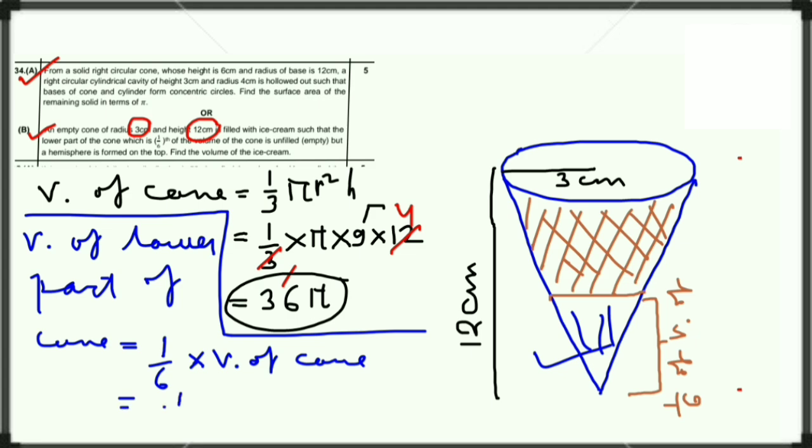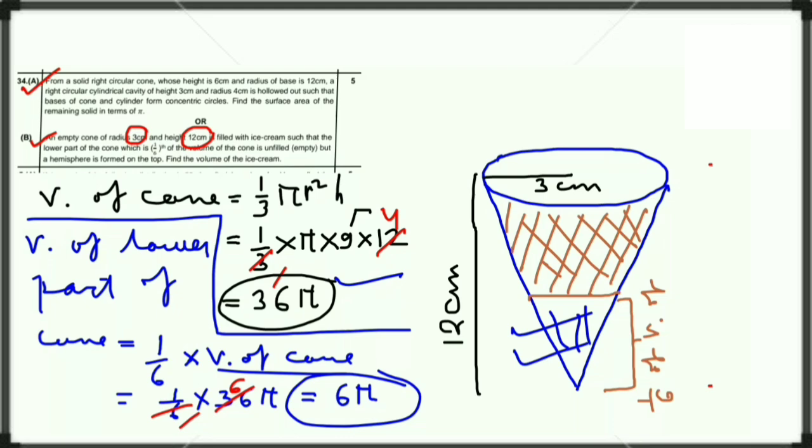So 1 by 6 into the volume of the cone we have already obtained, 36 pi. 6 ones are 6, 6 sixes are 36, and finally we have obtained the volume of this lower empty part is 6 pi. Now we can easily obtain the volume of ice cream in the cone by subtracting the volume of the lower part of the cone from the volume of the whole cone.